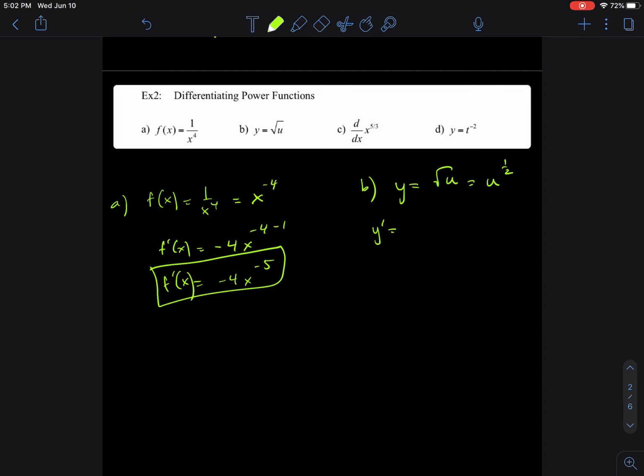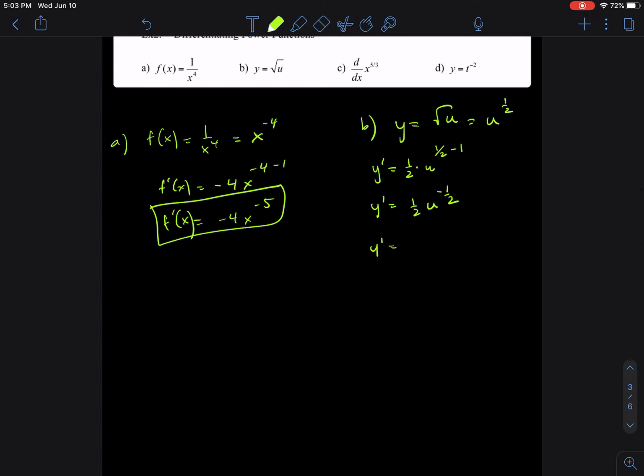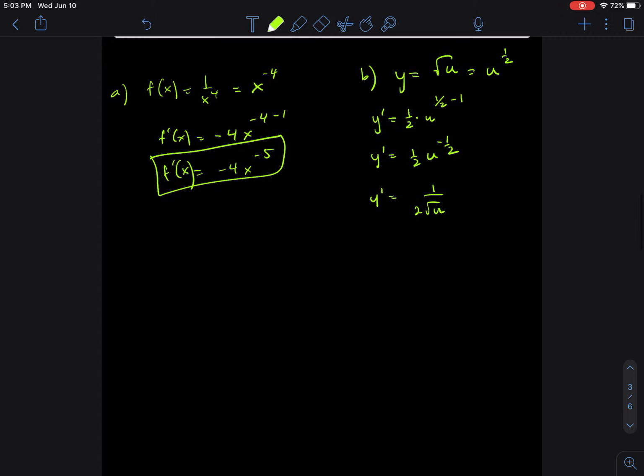So now we can take the derivative using the power rule. We bring down the power, and then we take the power minus 1, and that becomes 1/2 u to the negative 1/2. Now you can also write this as 1/2 over the square root of u if you prefer a positive exponent. So either way is fine.